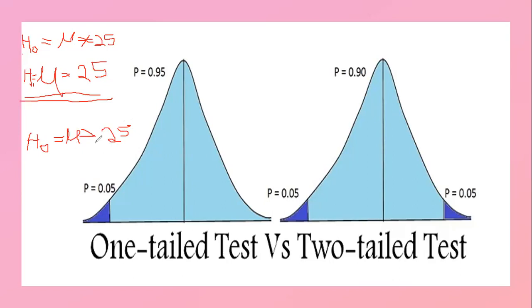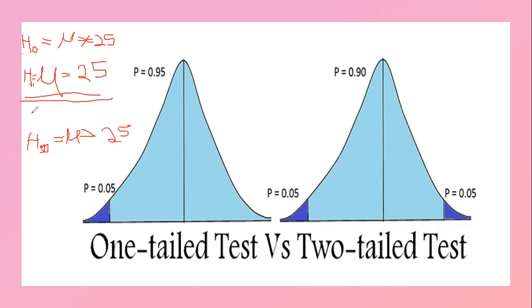So we use the less than or more than symbol when we write the alternative hypothesis, not the null hypothesis. So the alternative hypothesis says either more than or less than.